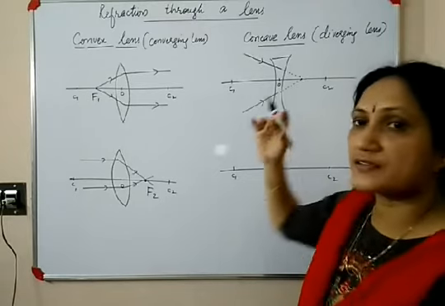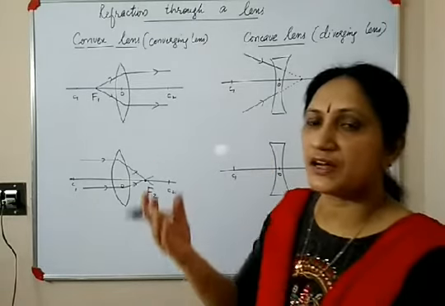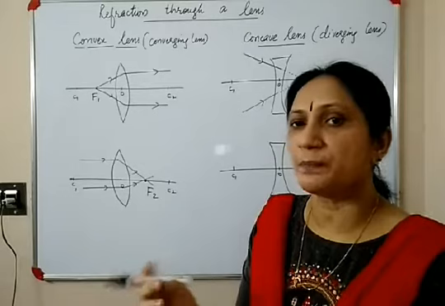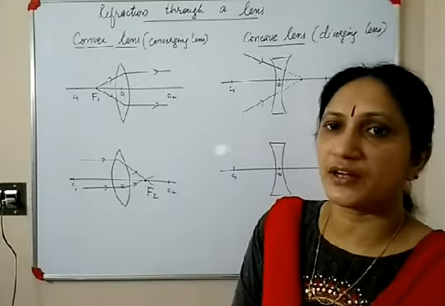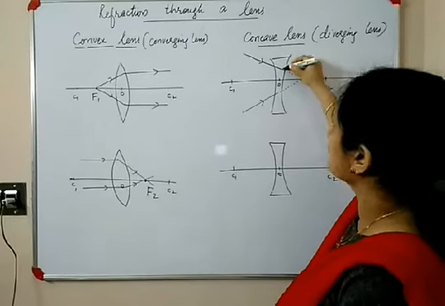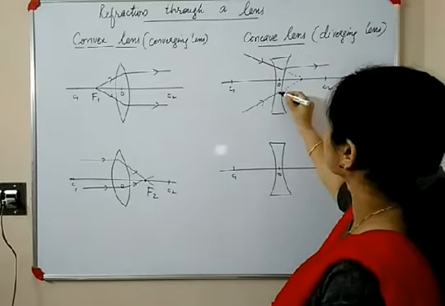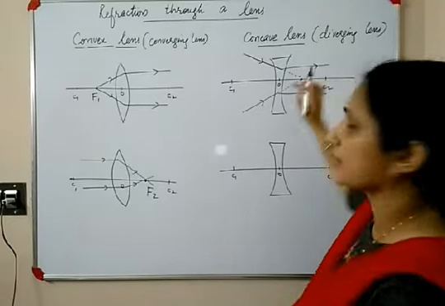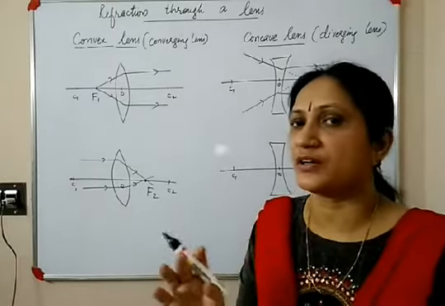The assumed path must always be drawn with a dotted line. So these light rays, after passing through the lens, see how they come out. This dotted line is the assumed path, not the real path.